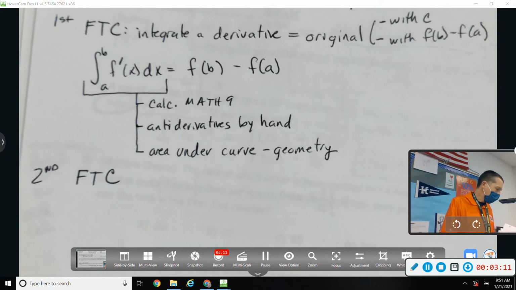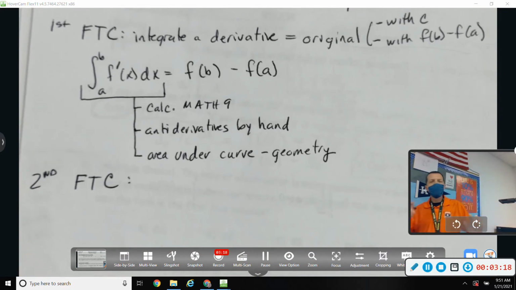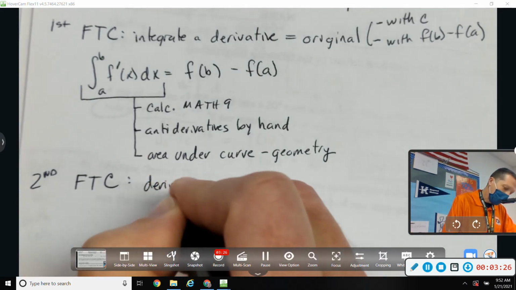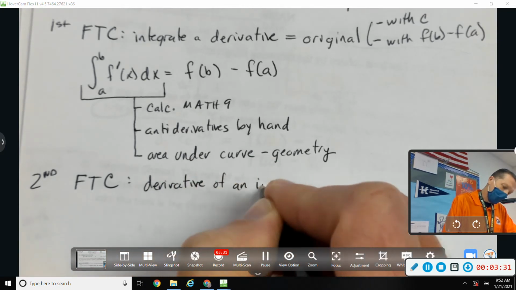Second fundamental theorem of calculus. So it's a little bit same idea, just kind of reversed. First fundamental theorem was integrate a derivative. The second fundamental theorem is the derivative of an integral.